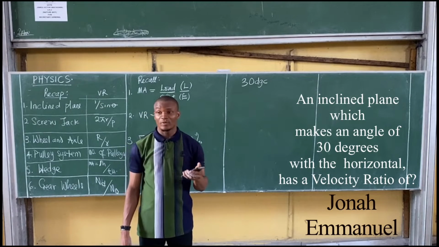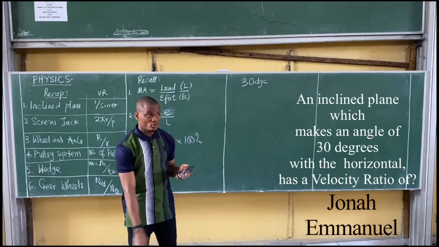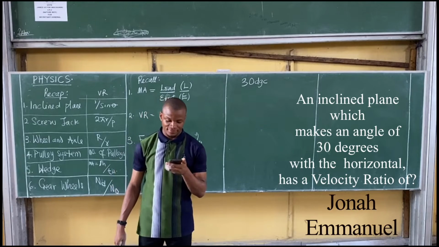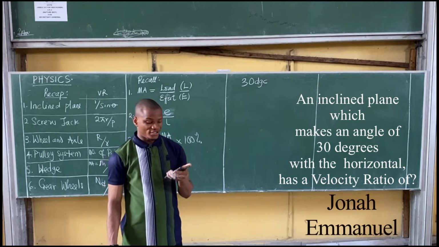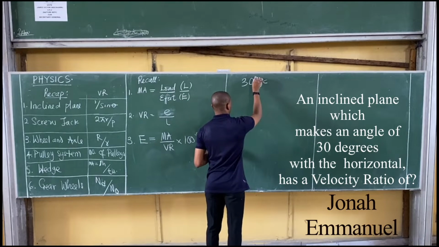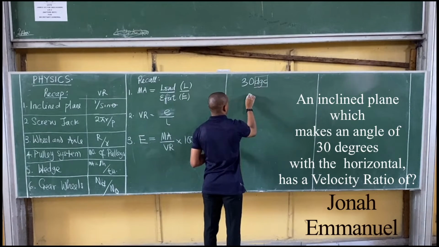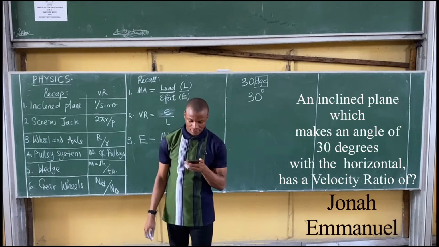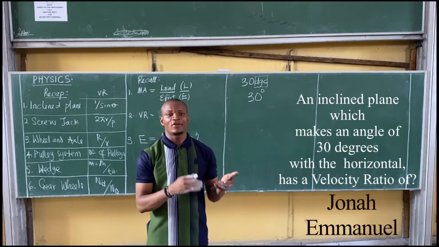That just means it's a typo error, right? But that's what it's there actually. An inclined plane which makes an angle, this should be 30 degrees with the horizontal, has a velocity ratio.